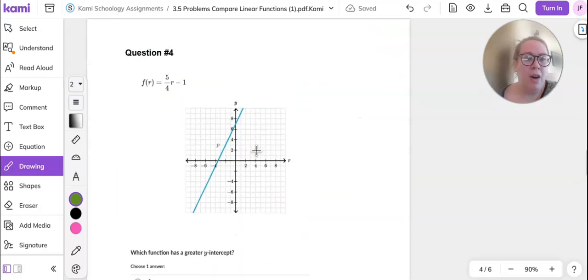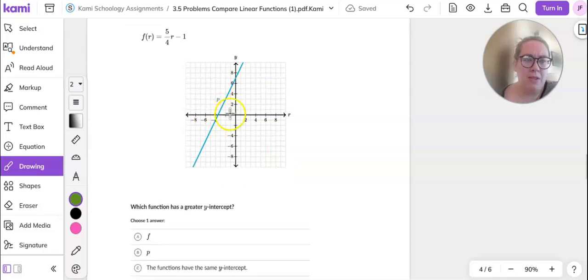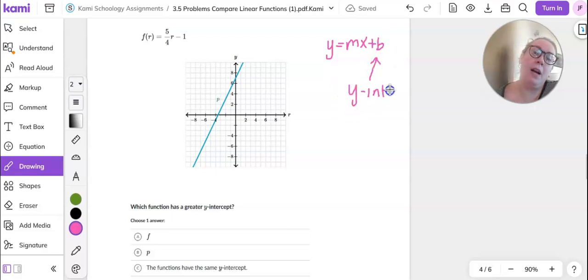We have f of r is 5/4 r minus 1. And then we have this equation p, this graph here. Which function has a greater y-intercept? So when we are in slope-intercept form, that b value is our y-intercept. In this case, for f it is -1.